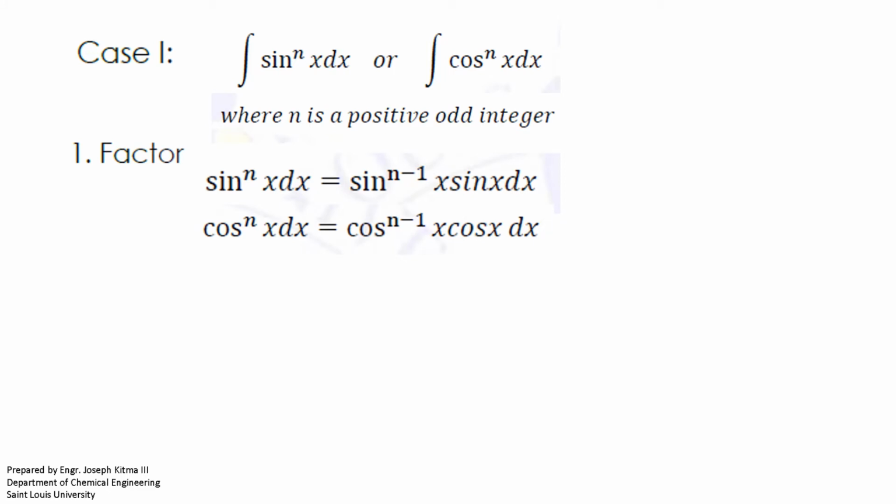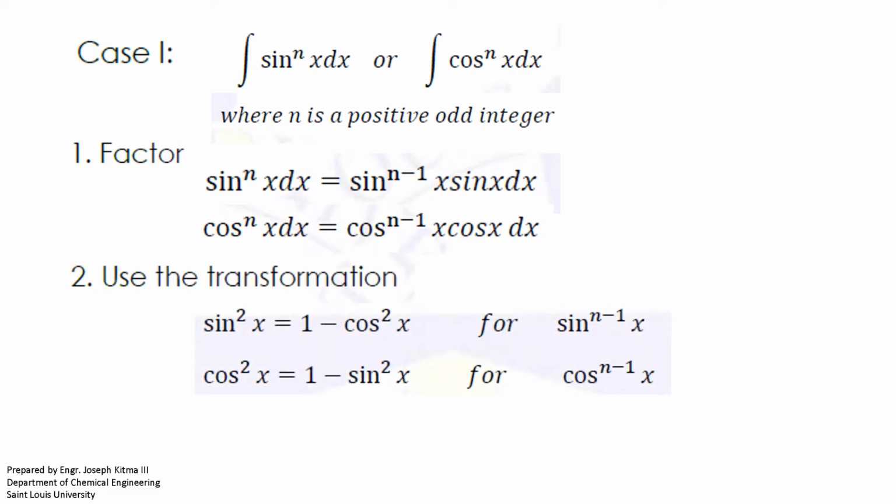The first thing to be done is to factor. For example, if sine raised to n of x dx has an exponent of n, then we will factor out, wherein we could write here sine raised to n minus 1, and of course the other one will be sine x dx. It follows for cosine raised to n of x dx.